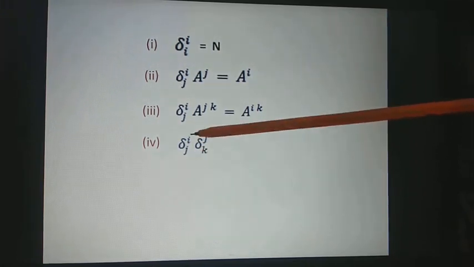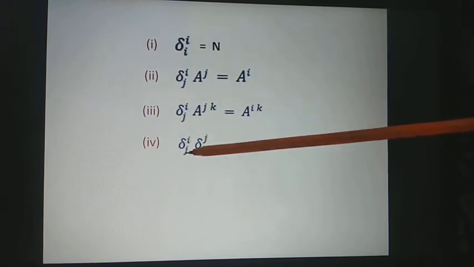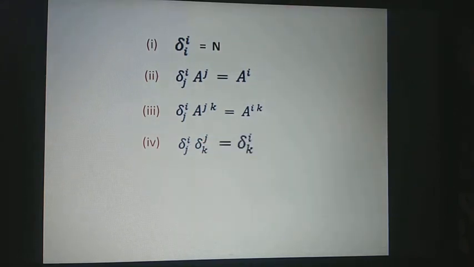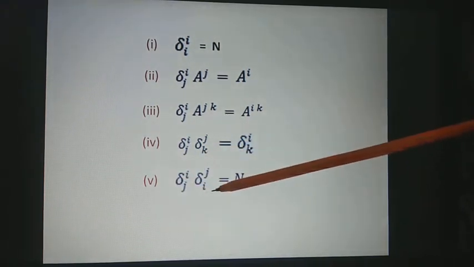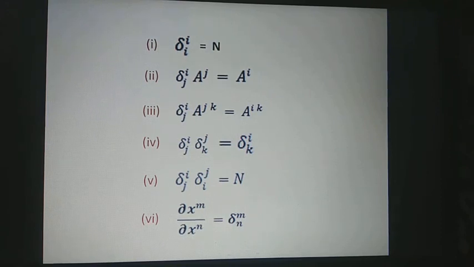When j assumes the value i, this becomes delta ii, that is 1 into delta ik. So this is delta ik. In the similar manner, delta ij, delta ji is equal to n, and lastly we have seen del xm by del xn is equal to delta mn.